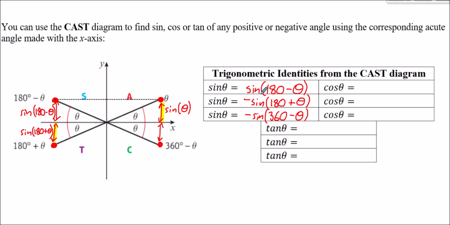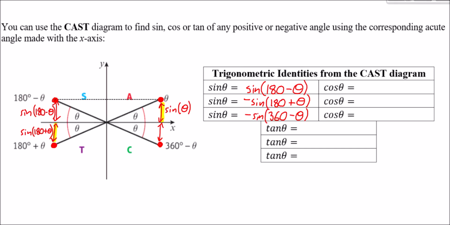If this confuses you at first, that's to be expected. By the end of this chapter, you'll be absolutely fine with this. If in doubt, just try a value of theta on your calculator. For example, try 30. You'll see that sine 30 equals sine 150, sine 30 is negative sine 210, sine 30 is negative sine 330, and so on.